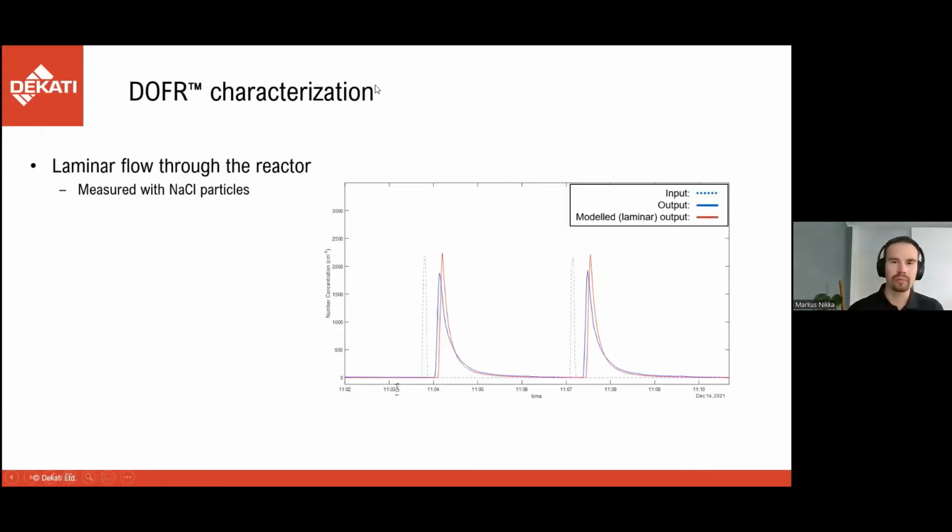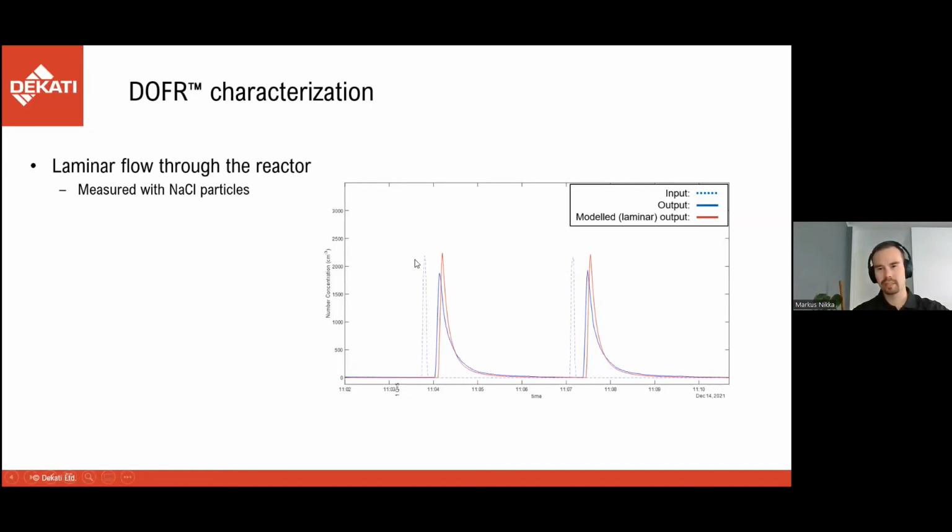Here are some results from the lab tests that we have made for the reactor. This is the laminarity test for the reactor measured with sodium chloride particles, so table salt.